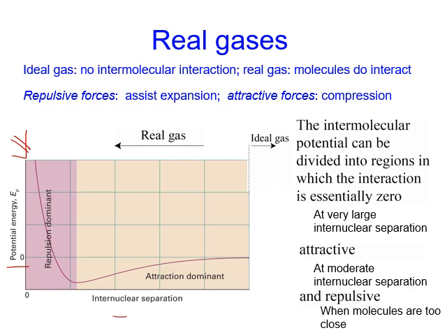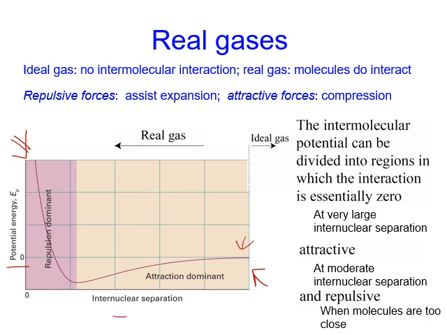When the molecules have no intermolecular interaction, the potential energy will be zero. Looking at this diagram, at far intermolecular separation, the potential energy is zero. So this is when the molecules behave as an ideal gas.